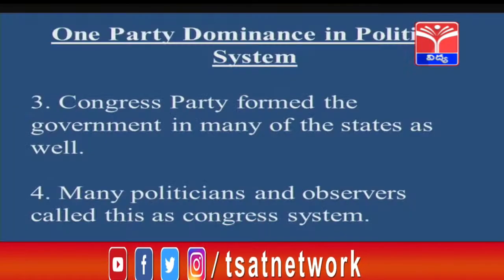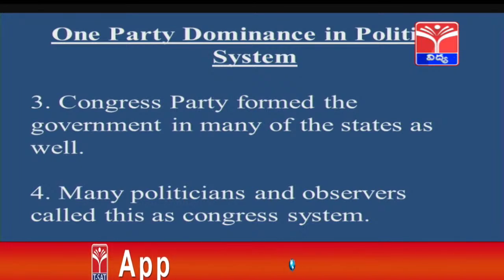It was not only at the center; in many states it was the Congress party which could rule and form the government. Many politicians and observers call this the Congress system. Students, nobody could challenge the Congress party, which ruled from 1951 to 67 and almost after that.